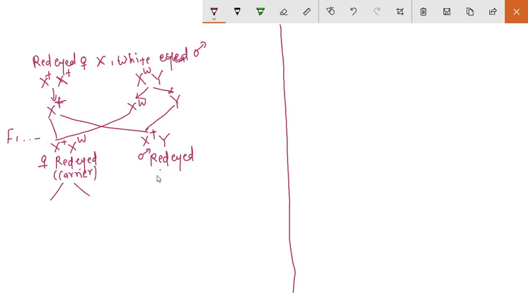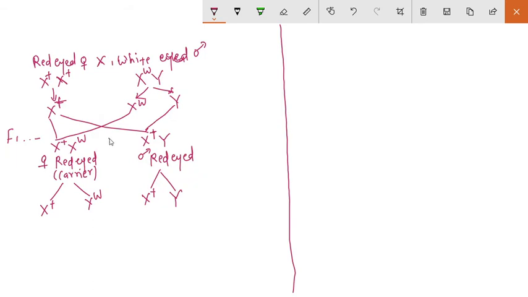Then they again produce gametes: X plus and X W from the female, and X plus and Y from the male. All the F1 were red-eyed.